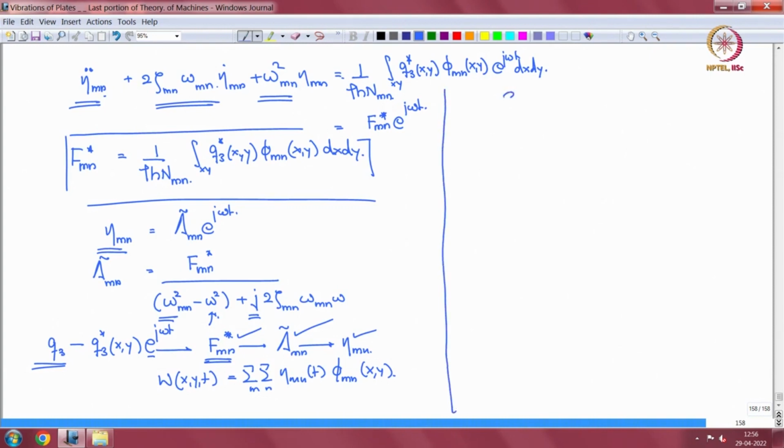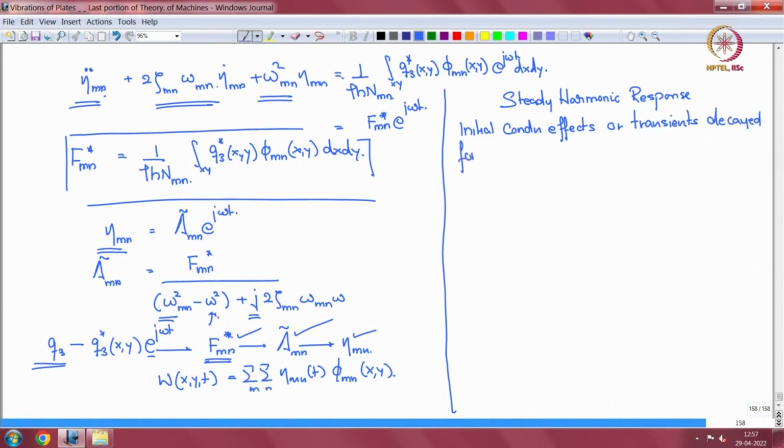I didn't specify steady state harmonic response, it is where the initial condition effects or transients have died out, decayed away, and forced harmonic response remains.